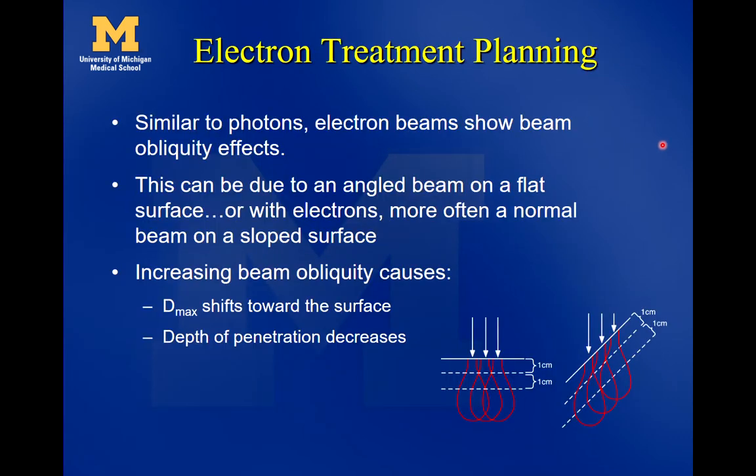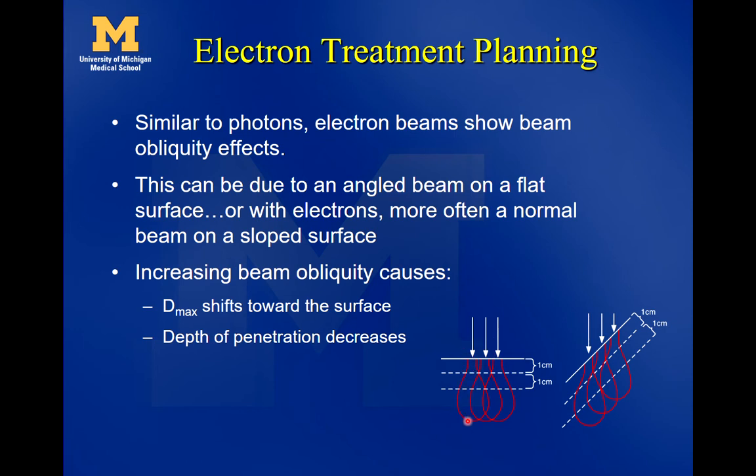Another aspect of electron treatments for planning, similar to photons, is that electron beams show beam obliquity effects. So an oblique beam is one where, in this diagram, if this is the patient's skin surface, we have this electron beam coming down and hitting that patient. I have three arrows depicting electrons.